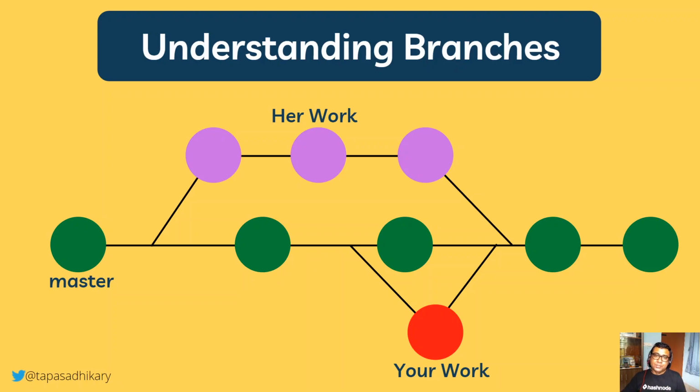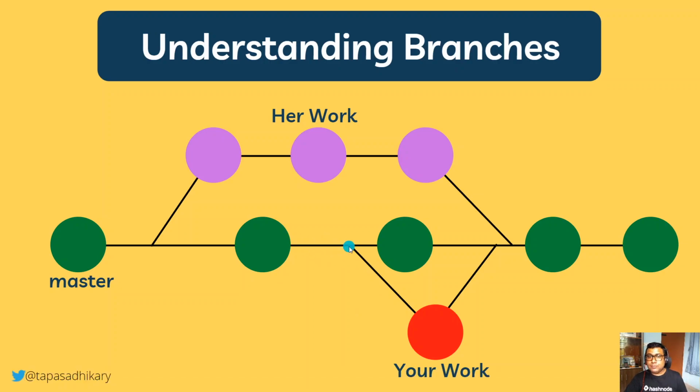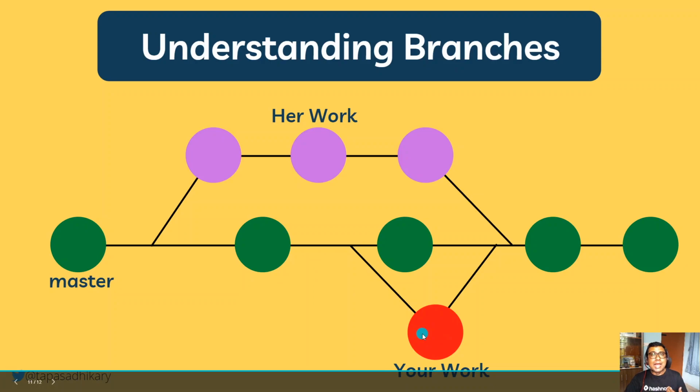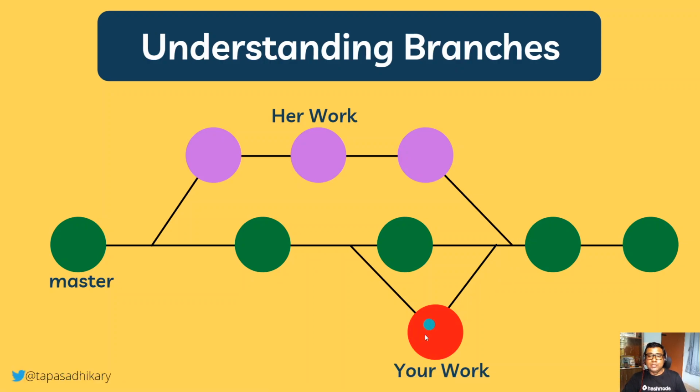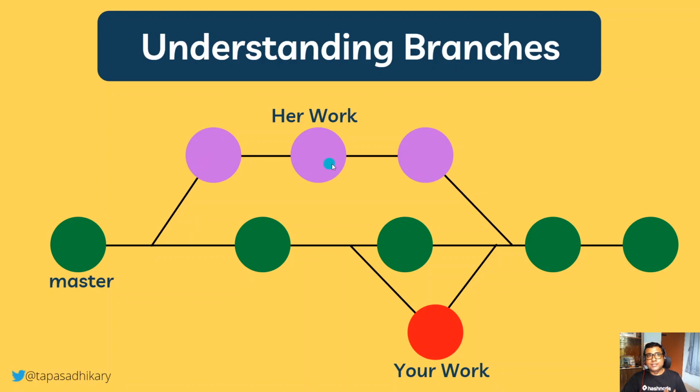So for this purpose, you will probably create a branch from a particular point, do your work, and then ask someone to take your changes and pull them into master, so that master is updated with all the changes you have done. Similarly, your friend will do the same thing. She will create a branch, keep making changes, keep committing, keep pushing to her branch, and finally once her changes are done, she will ask somebody to pull her changes to the master branch.